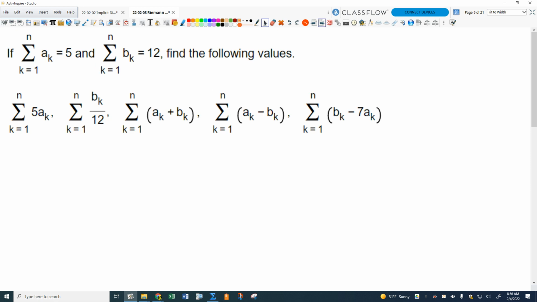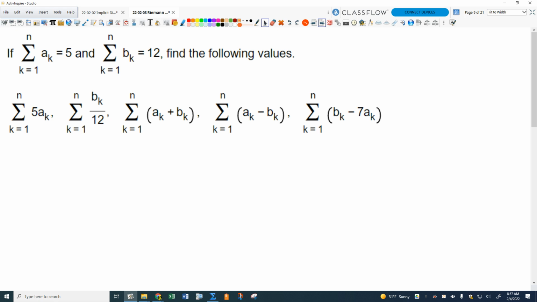So what about stuff like this? Now this is just making the point that sums are linear, so they can be added or subtracted, and you can multiply sums by scalars. You can multiply them by a constant, and just treat the sum independently.